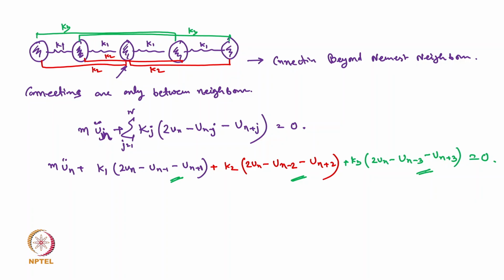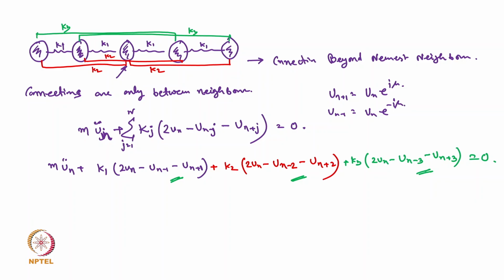Now a very interesting point comes into the picture, because implementing the Bloch theorem becomes quite challenging. Previously, when implementing the Bloch theorem, we just said un plus 1 equals un e to the power of i mu, and un minus 1 equals un e to the power of minus i mu. Simple.